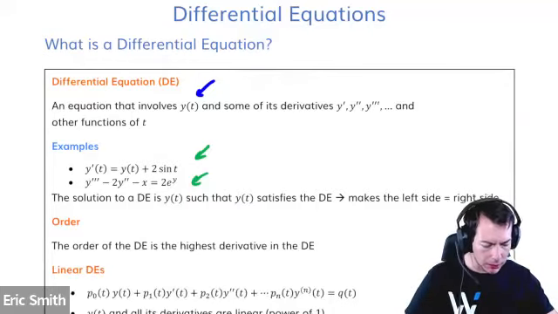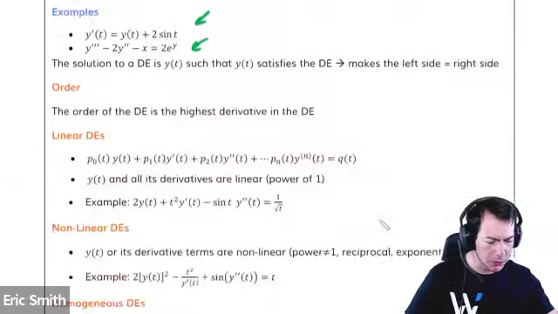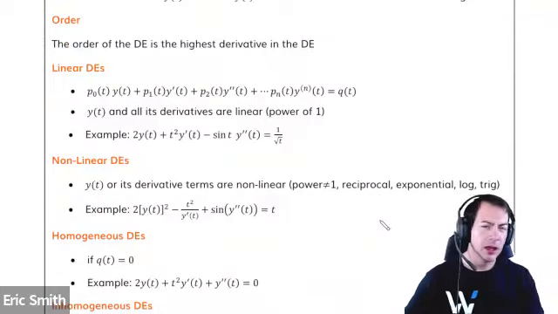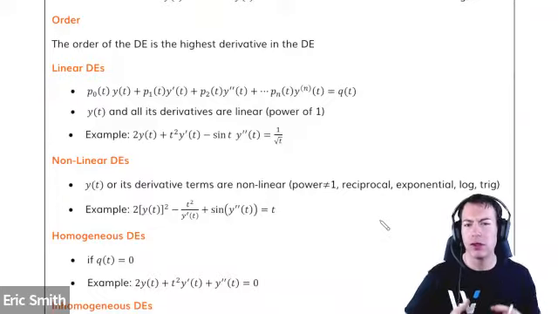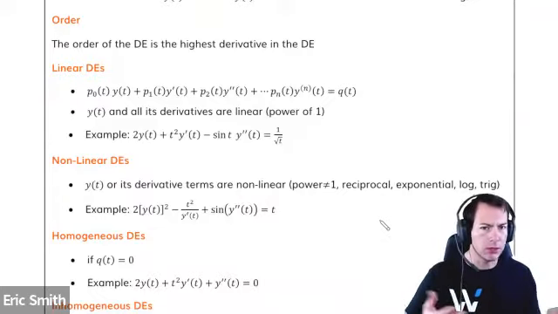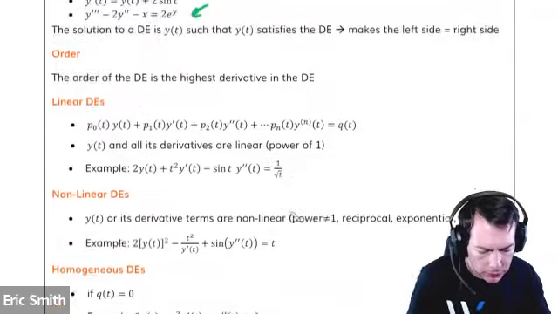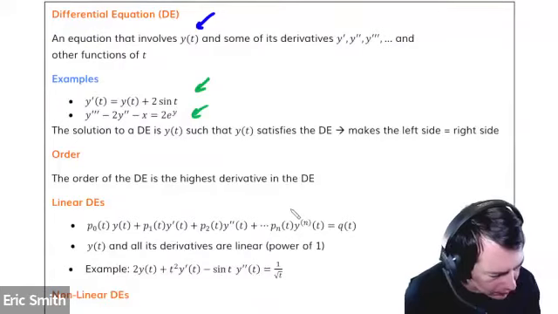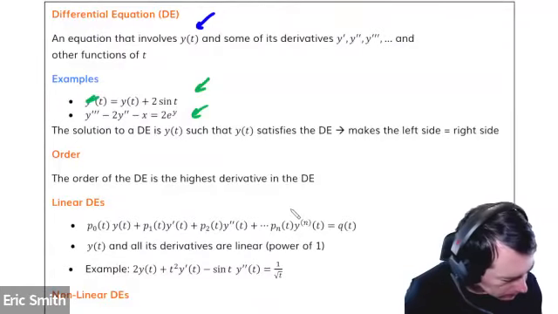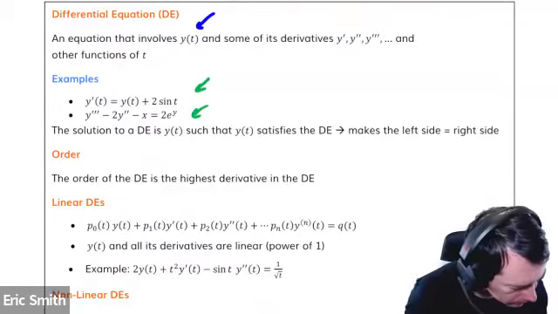All right, other vocabulary that we want to know about differential equations. It's very common to classify a differential equation by the highest derivative that you see in that differential equation. So let's go back up to these examples. This first one, the highest derivative is right there at the front. It's a first derivative.